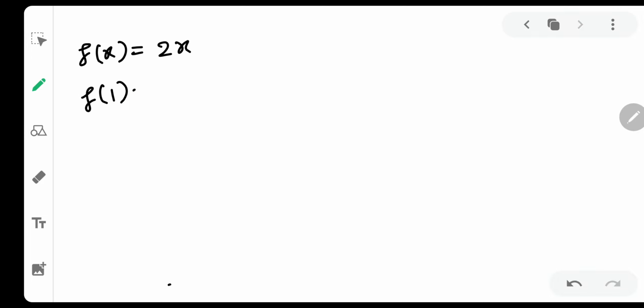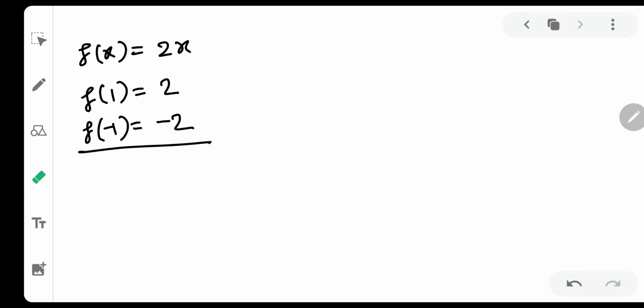Then f of 1 would be definitely 2, 2 into 1. And f of minus 1 is what? 2 into minus 1, minus 2. Now can you notice one thing? When the sign of x is changed, it means when x is replaced with minus x, the sign of y also changes. Very nice observation, isn't it?